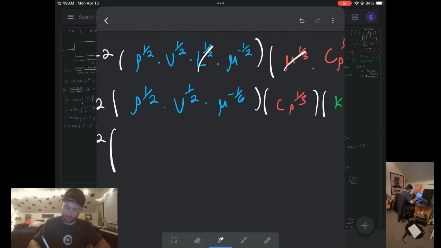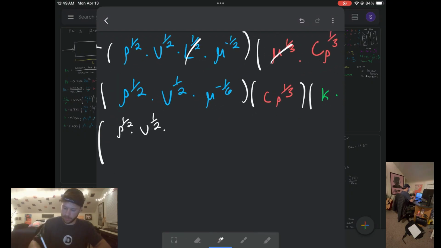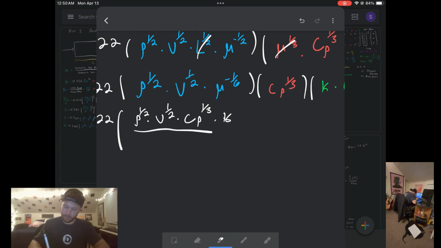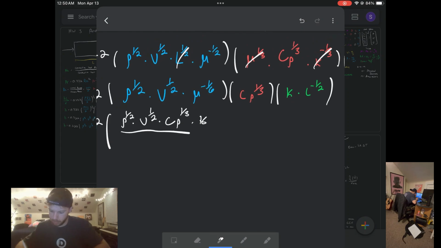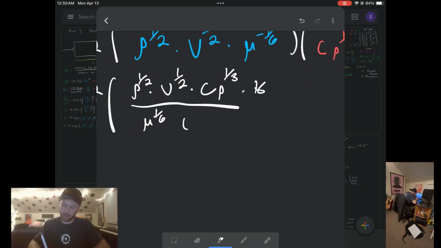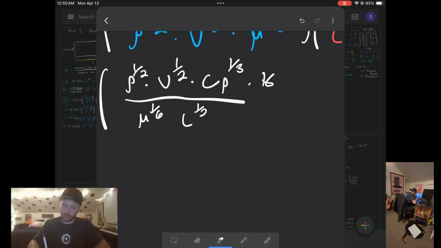I'll just say density, velocity, heat capacity, thermal conductivity in the numerator, and viscosity to the 1/6 and then length to the 1/2 in the denominator.